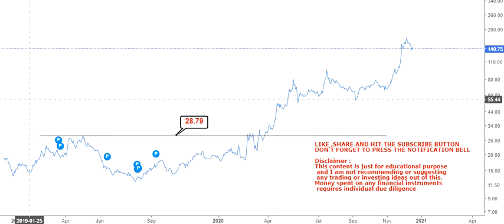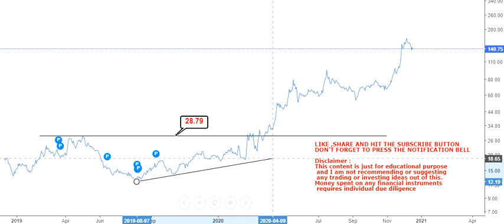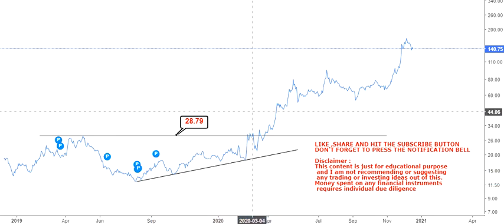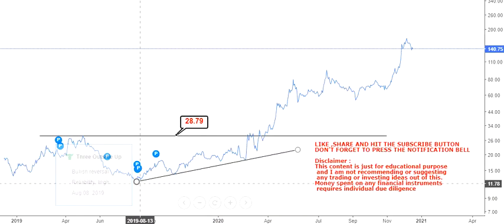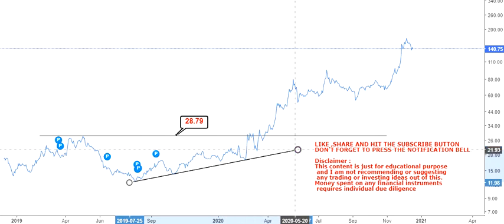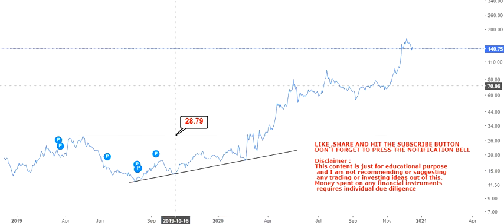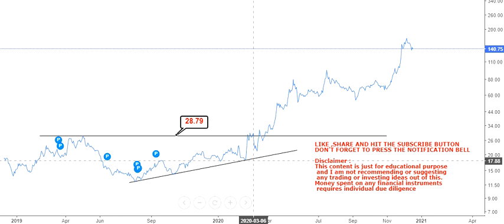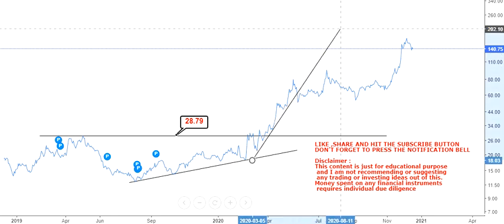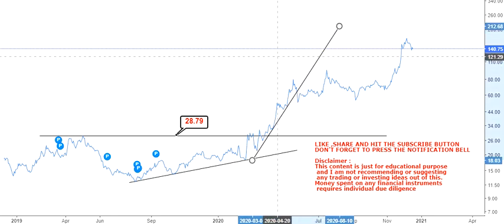This is very clear. Now this was the support line for this pattern. As the trend changes, you can see there is a very sharp up move after the breakout.